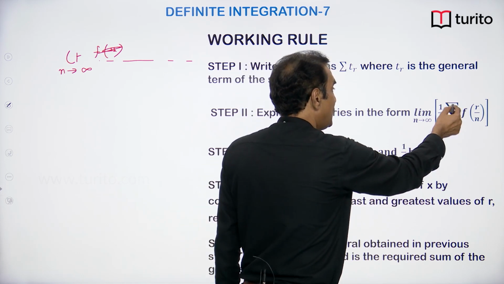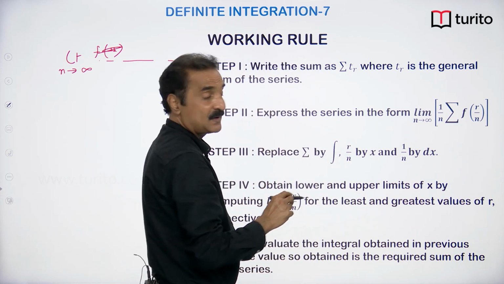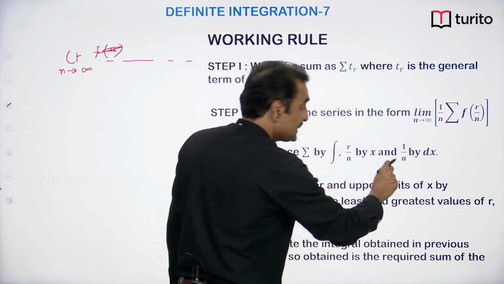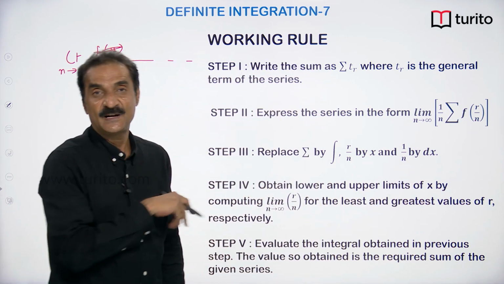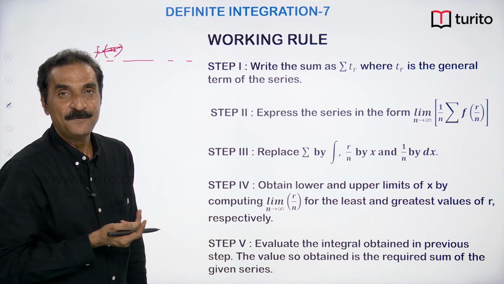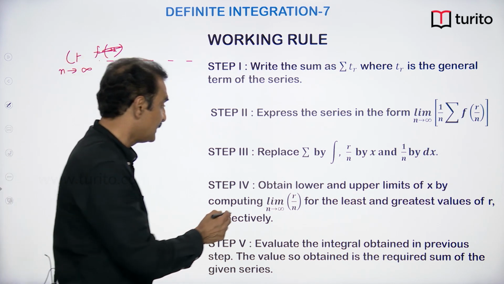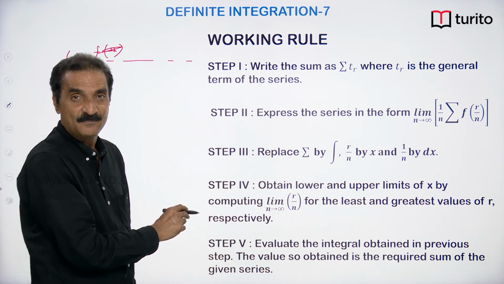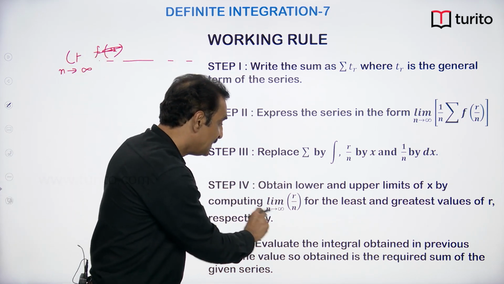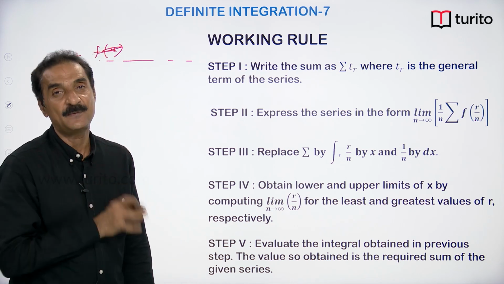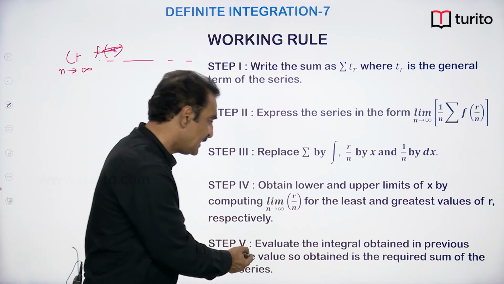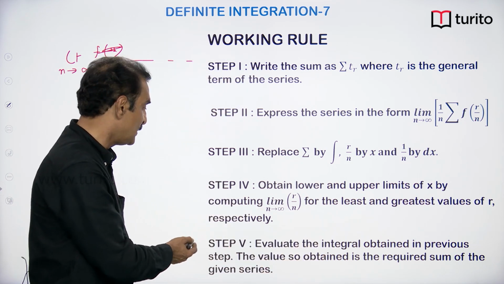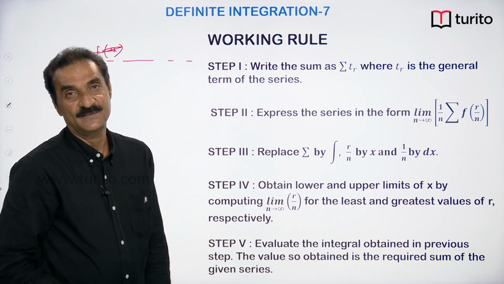Then replace sigma by integral, replace r by n by x, replace 1 by n by dx. You will get the integral. Then for finding the limits of the integral, we divide the limits of r by n and take the limit n tends to infinity. You will get the limits of x. Then evaluate the definite integral, and the obtained value will be the sum of the series.